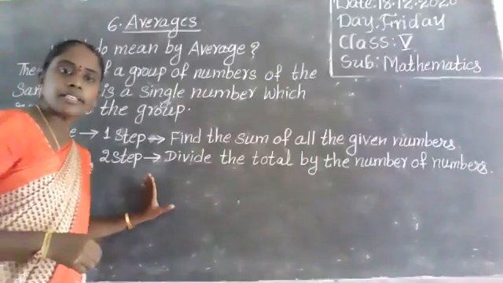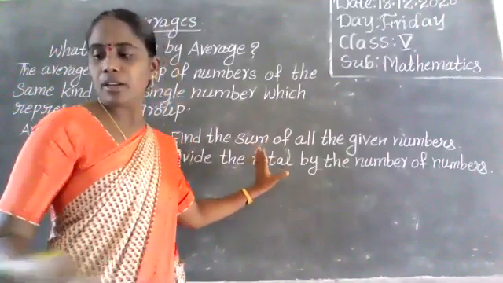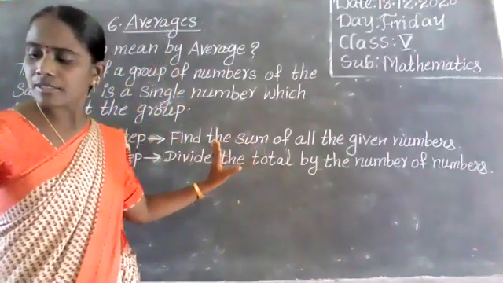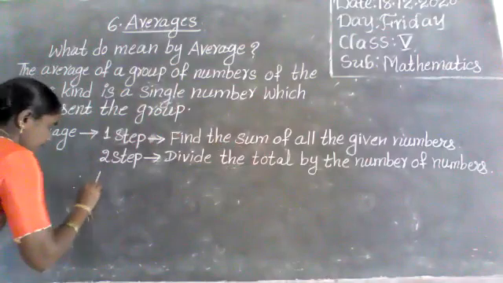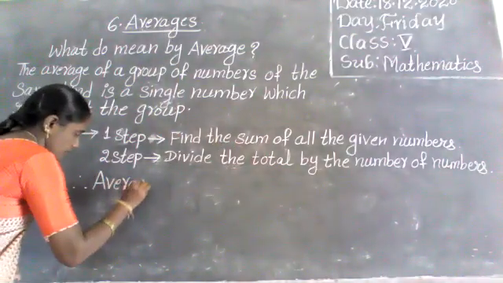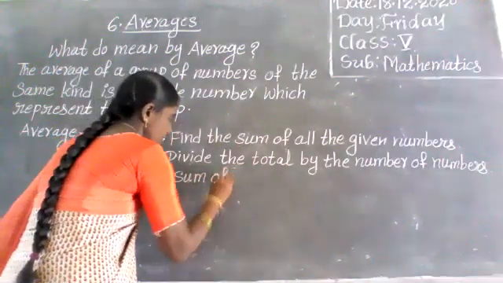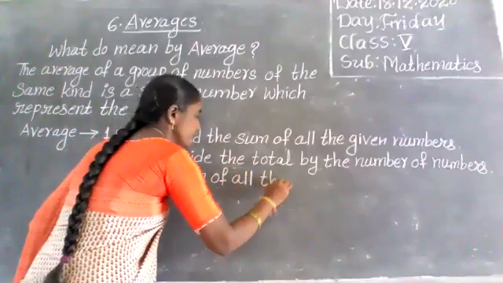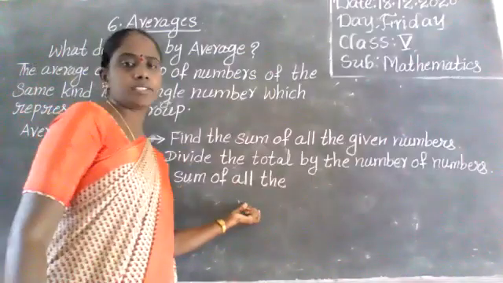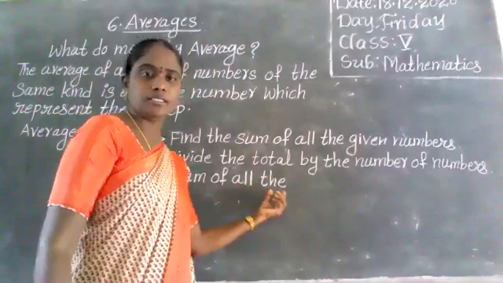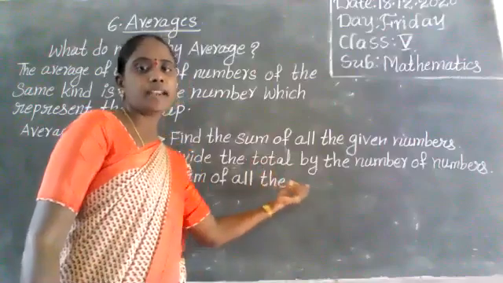Okay. Average is nothing but sum of the numbers, total sum of the numbers by number of numbers. Average equals sum of all the numbers, all the articles, all the observations, all the things, all the weights given according to the problem. If weights are given, we add the weights.